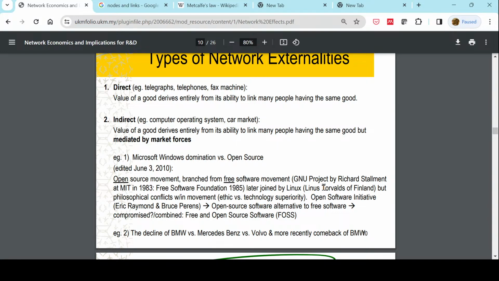It was a project by that person in 1983 at MIT, again MIT, and then became the Free Software Foundation in 1985. They started this free, going against, fighting against the proprietary, like Microsoft.